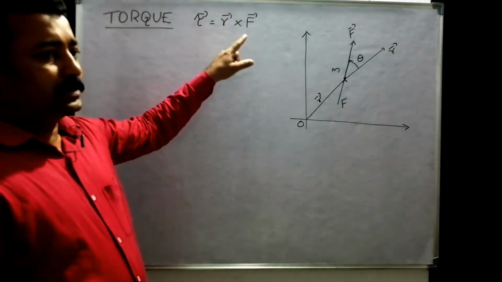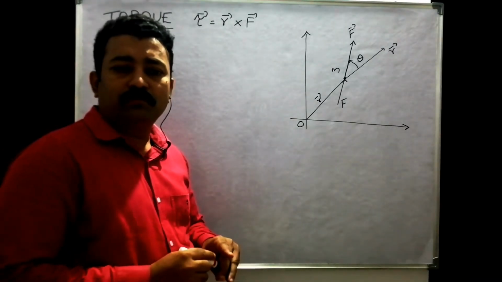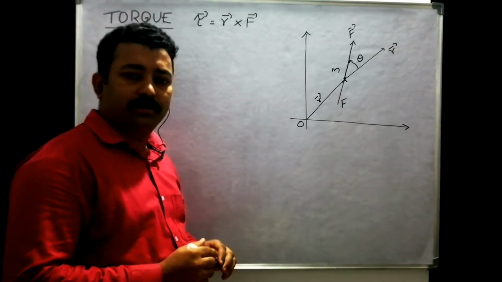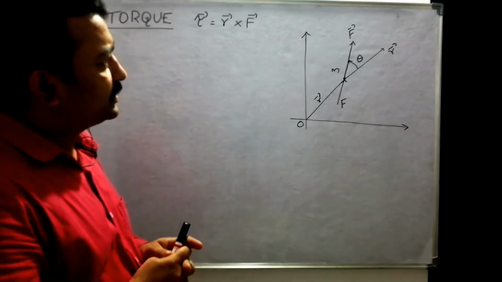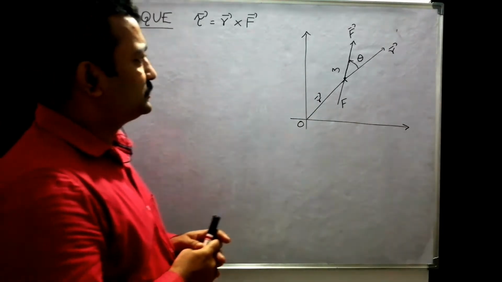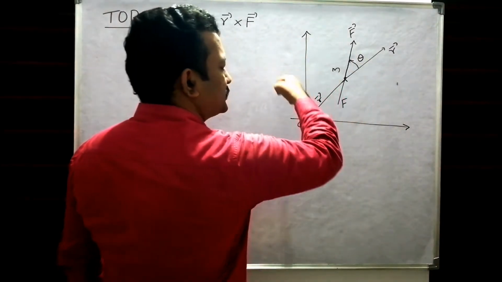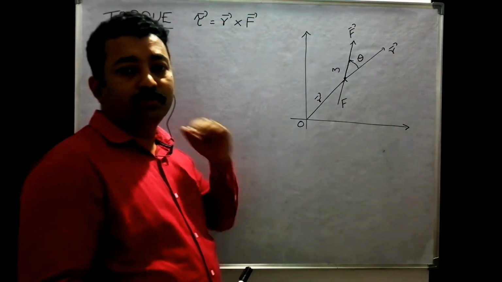The idea of cross product is a rotation of one vector onto the other one. On this diagram you can see that the vector R is rotating in an anti-clockwise manner to F. Direction of the cross product is taken based on what?